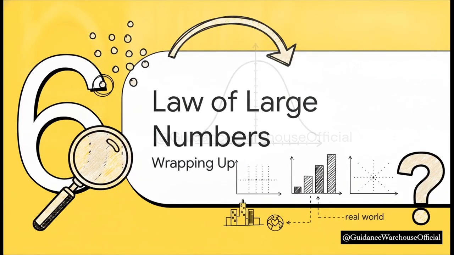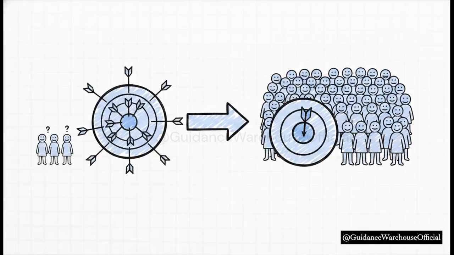Section 6. Wrapping up the law of large numbers. Before we wrap up our lecture today, let's zoom out and summarize a huge statistical principle. Why do we care so much about taking samples to find these means anyway? Well, it all comes down to the law of large numbers. This law states that as your sample size gets larger and larger, the sample mean, our x-bar, is highly likely to get closer and closer to the actual population mean, our mu.